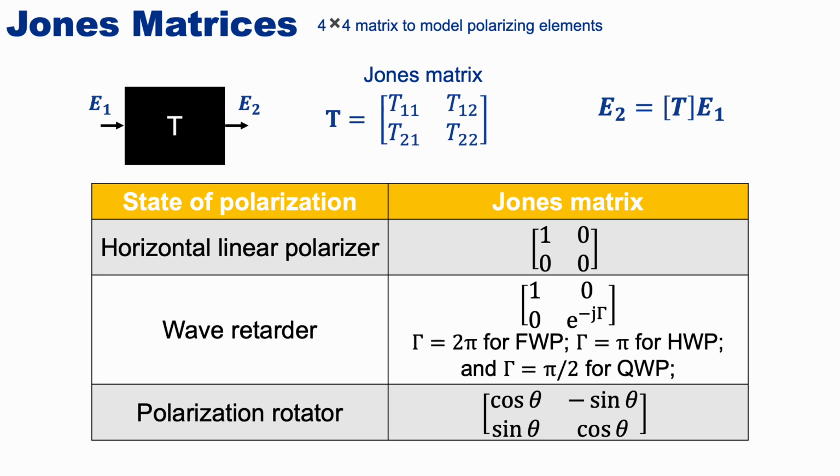The wave retarder, remember, those are a full wave plate, half wave plate, or quarter wave plate, and what is going to happen is just the t22 element is the one that is going to change based on how much we are delaying one of the components with respect to the other.